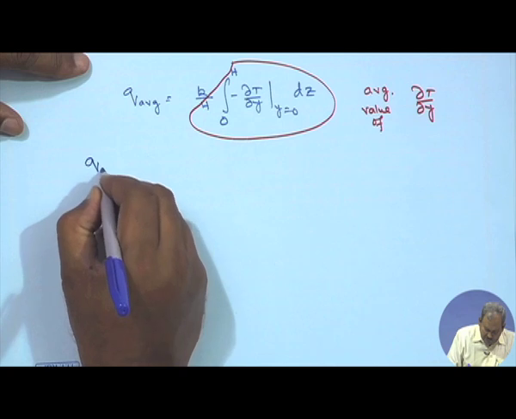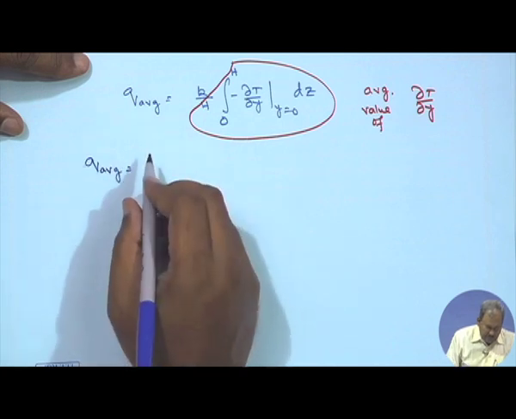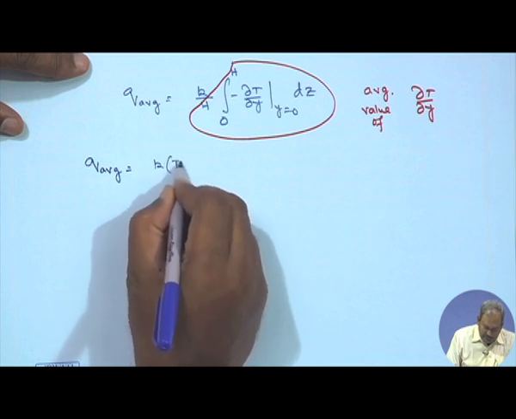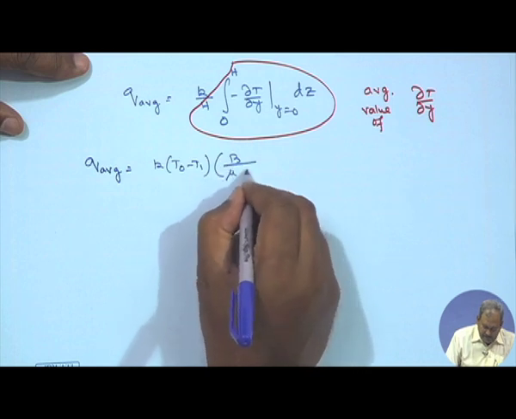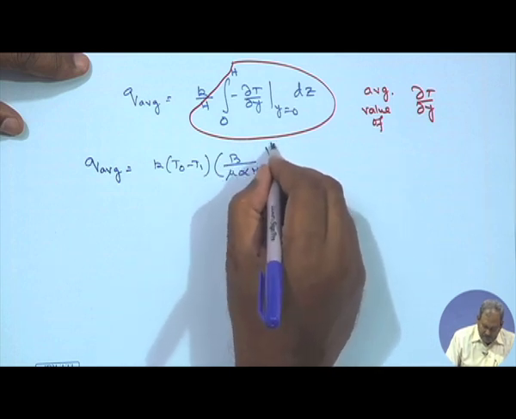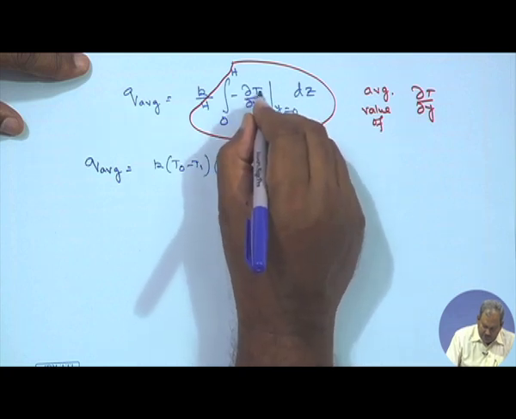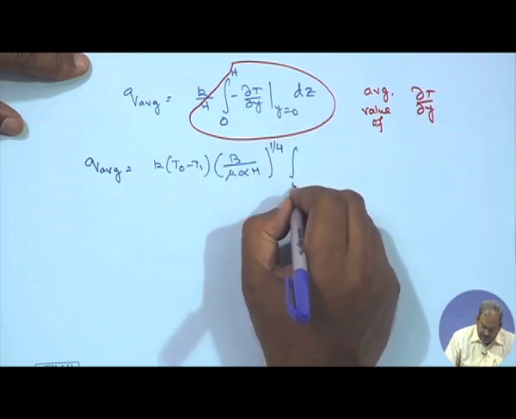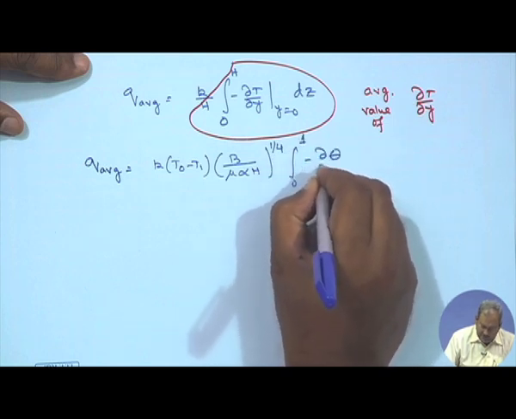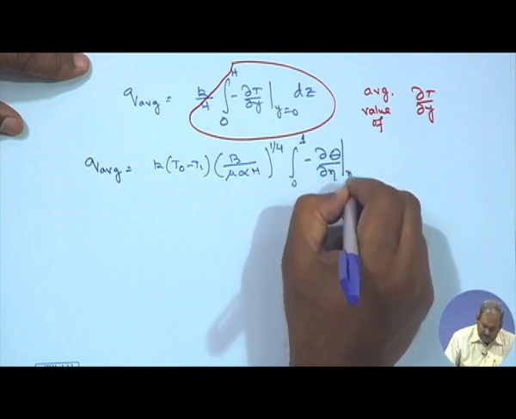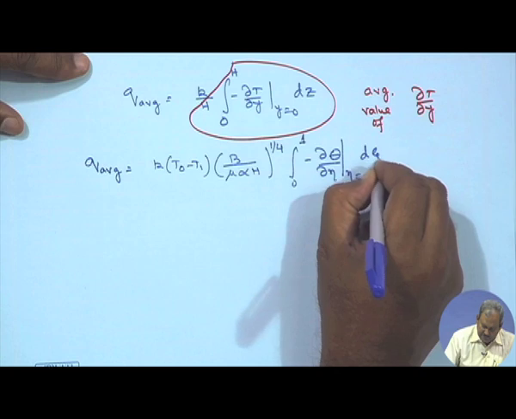If you non-dimensionalize this, you would simply see that it is going to be (T0 minus T1) by (h) times the fourth root of the Grashof number divided by Prandtl number, and instead of temperature gradient, I am going to write the dimensionless temperature gradient, which is going to be minus del theta by del eta at eta equals 0 times d zeta.